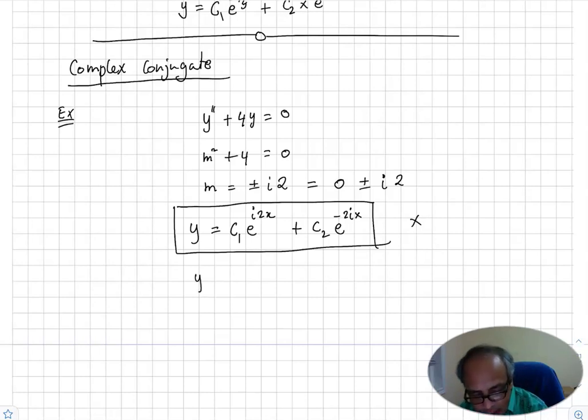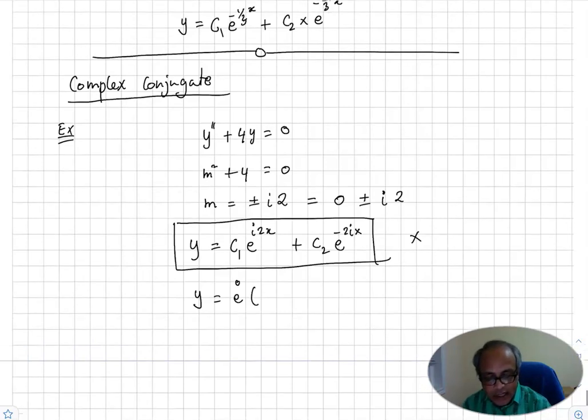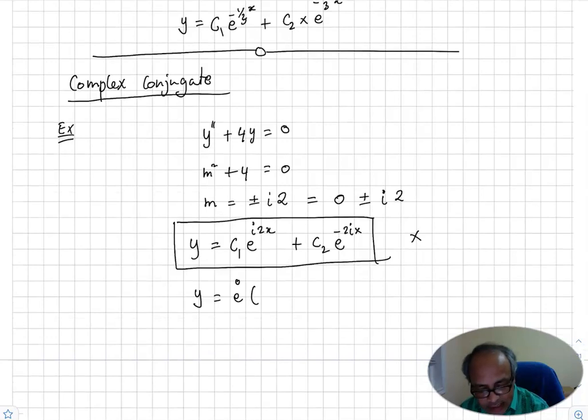What we do here is take the real part of m, which is 0. So we say e to the power 0 in this case, and then we multiply by the complex part, which will take sine and cosine.